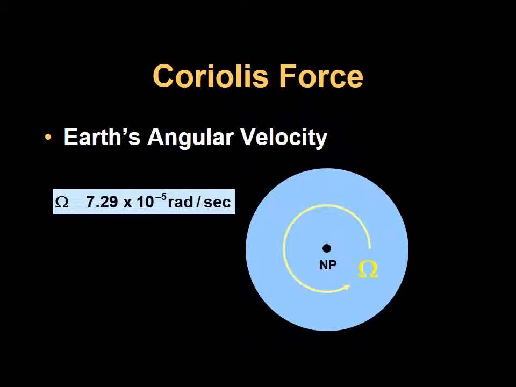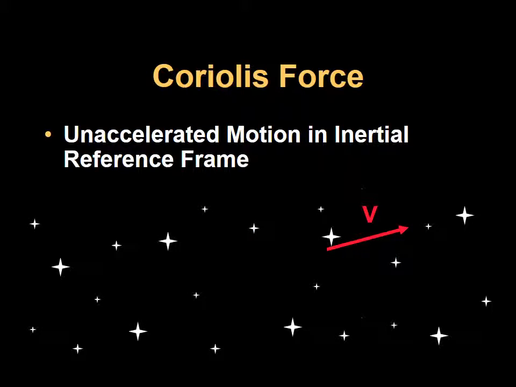If you further divide that out, you'll end up with and convert that to 7.29 times 10 to the minus 5th radians per second. We've talked about this already. So the Earth is rotating at that rate. That's what we're going to call omega, big omega.